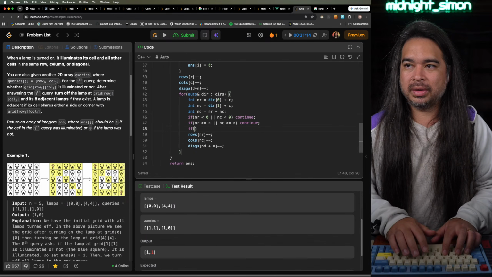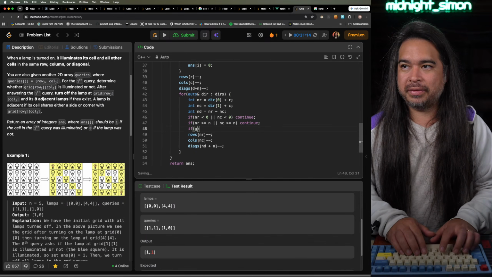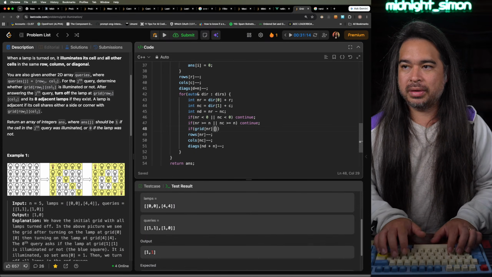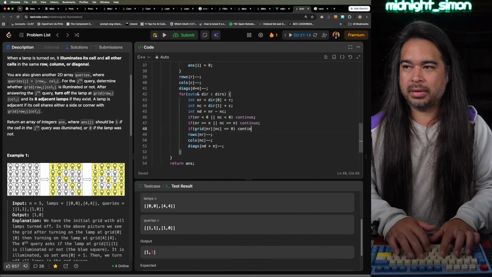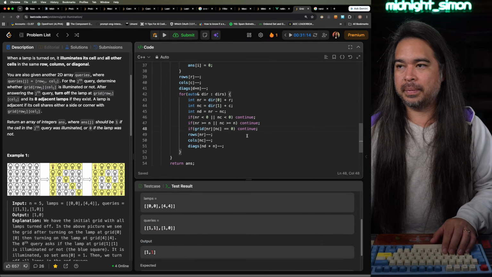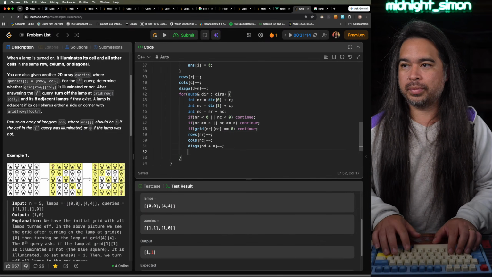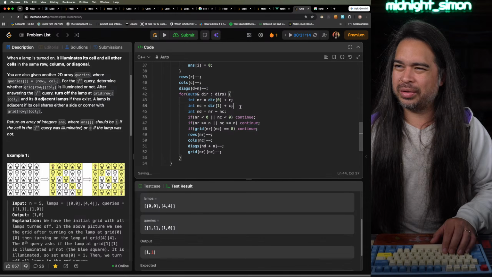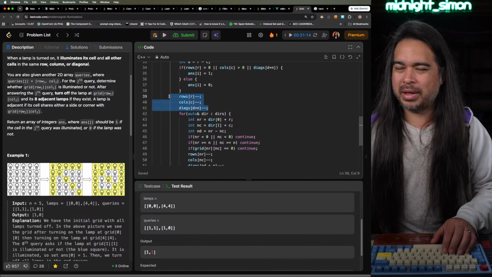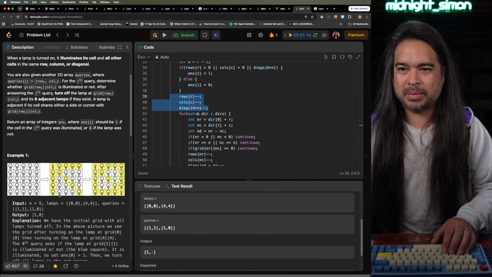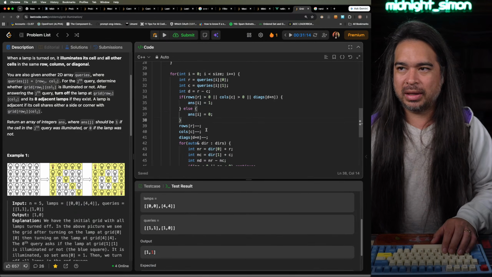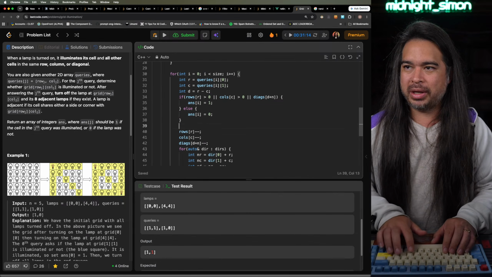So I'm gonna say if grid... I don't know if that's right, and maybe right here too, I'm turning something off, or maybe it shouldn't even be turned off because it may or may not have been a lamp.